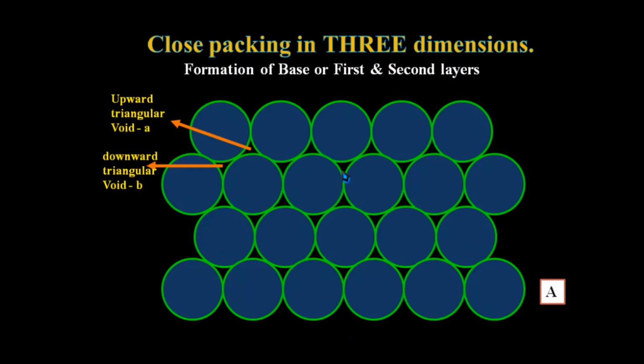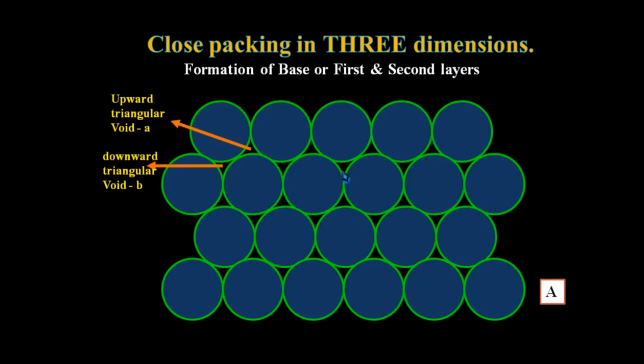It may be noted that it is not possible to place spheres on both types of voids, upward as well as downward, simultaneously. That is, only half of the voids of the first layer are occupied and half are unoccupied, either upward triangular or downward triangular.